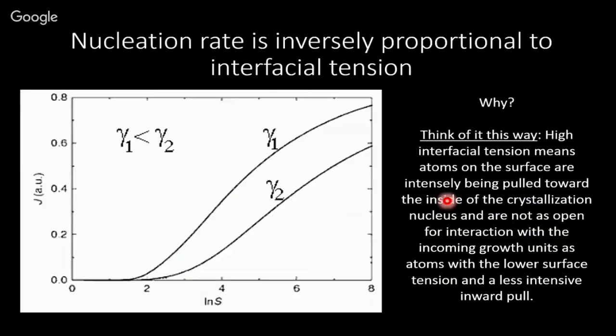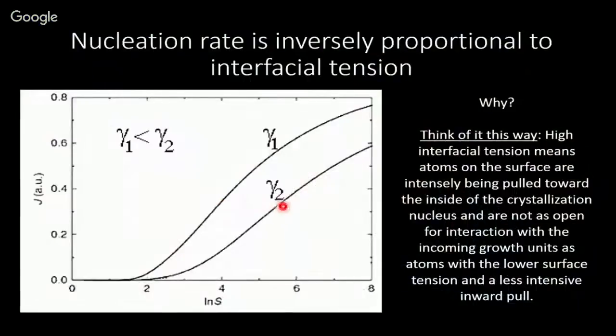So if you're growing these calcium sulfate crystals, it's really difficult to change the interfacial energy, because it's just going to be dependent on the compound that you are growing. So calcium sulfate is going to have one interfacial energy, calcium phosphate is going to have another, calcium sulfide is going to have a third one.